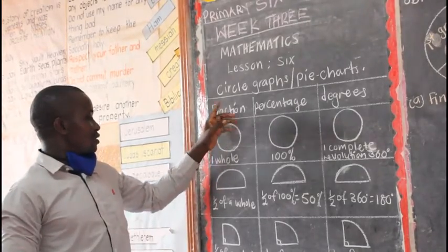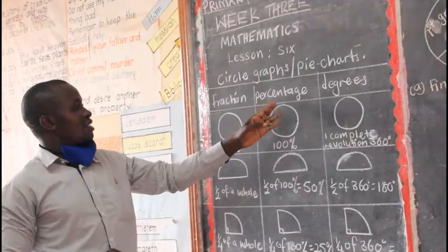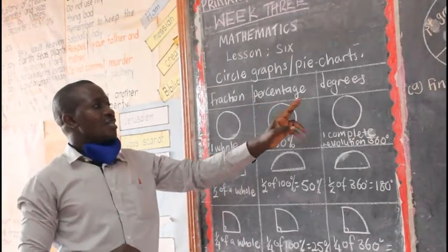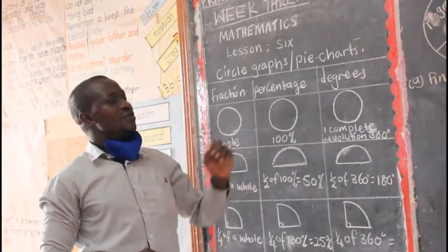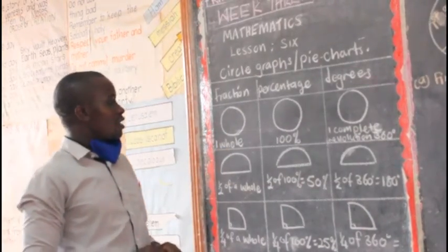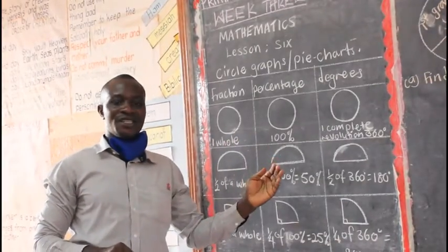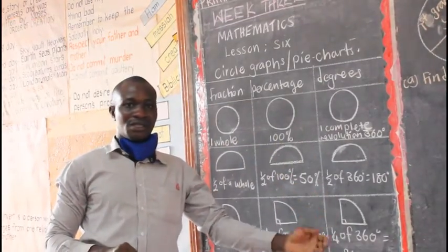In the first column we have fractions, in the second percentages, and in the third degrees. So when you talk of circle graphs, we can talk in terms of fractions, percentages, and degrees.